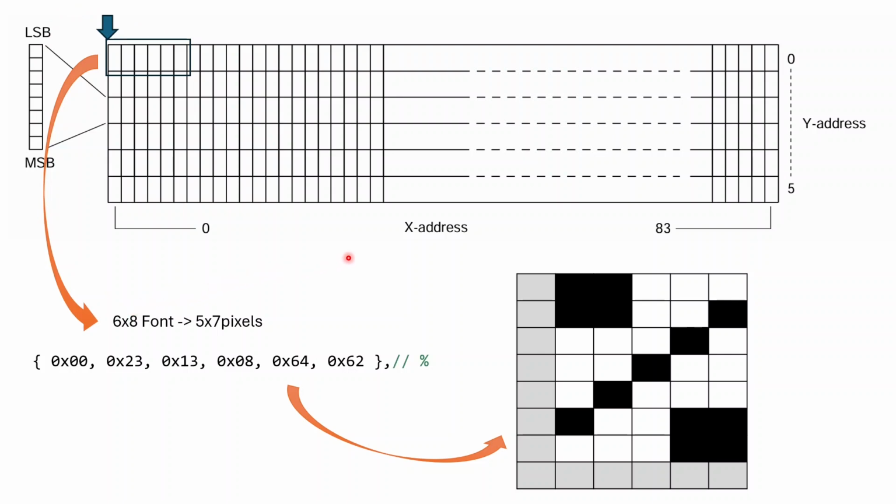In the data sheet, they are called X addresses and Y addresses, and each byte in the frame buffer is structured with a least significant bit and a most significant bit, and the least significant bit is rendered as the top pixel in the row, and the most significant bit is rendered as the bottom pixel in the byte.